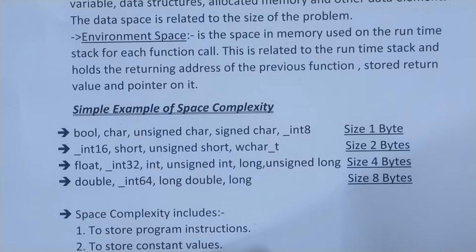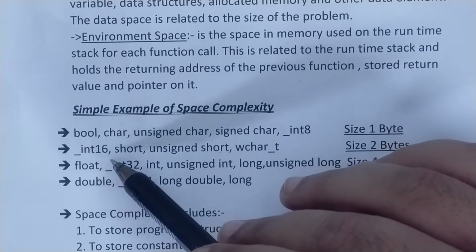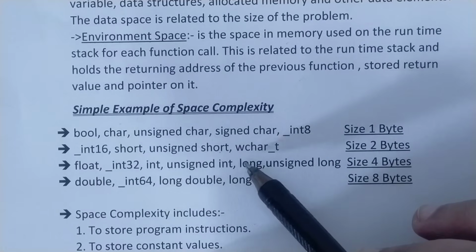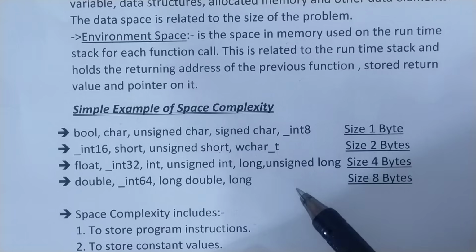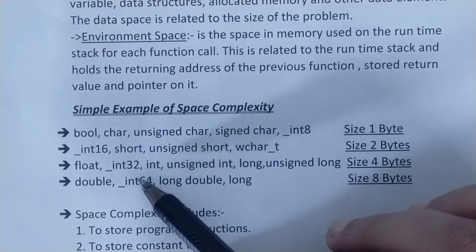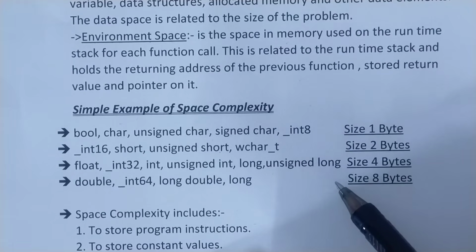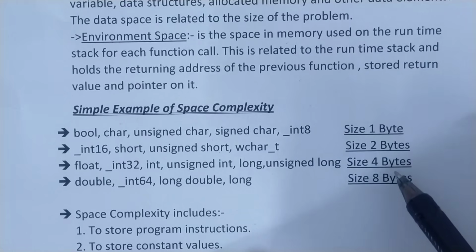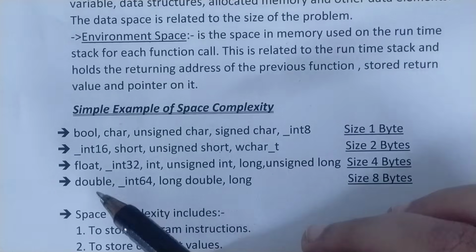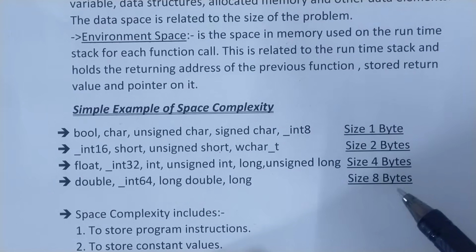Similarly, data types __int16, short, unsigned short, wchar_t require memory of size 2 bytes. Data types float, __int32, int, unsigned int, long, unsigned long require memory of size 4 bytes. And lastly, data types double, __int64, long double, long long require memory of size 8 bytes to get stored into the memory.